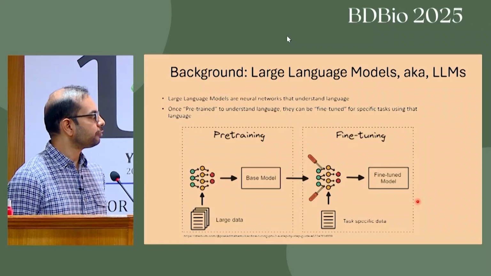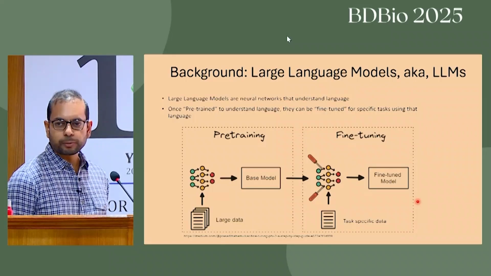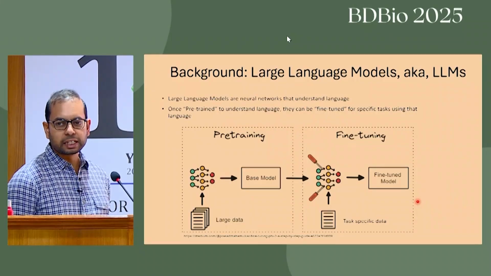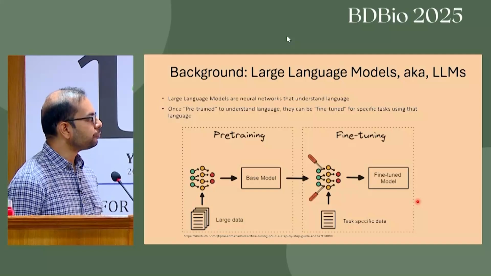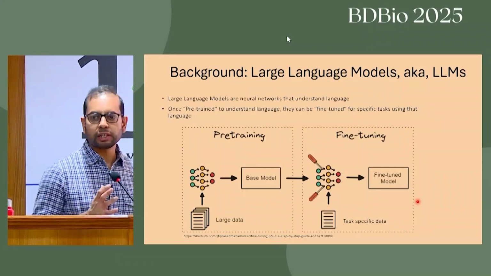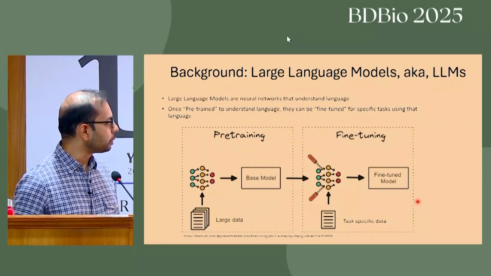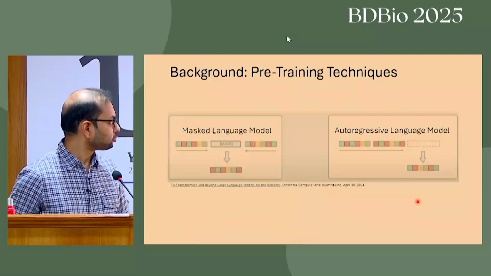So what we first do is we learn a base model using pre-training on large amounts of task-independent data, and then we fine-tune that model on task-specific data. So even if the task-specific data is small, it still works out.